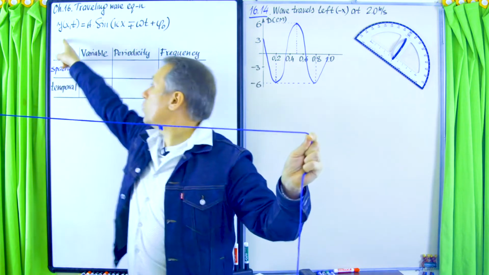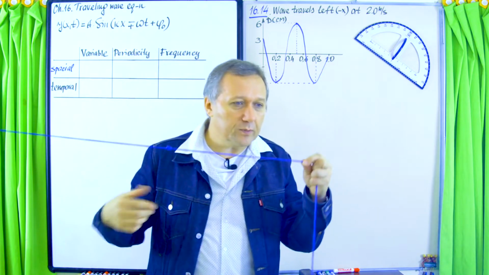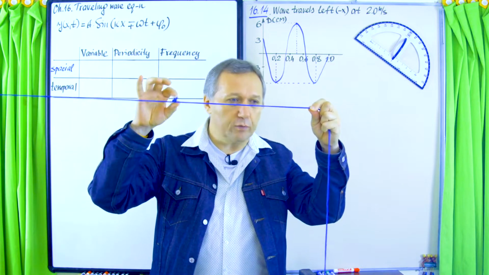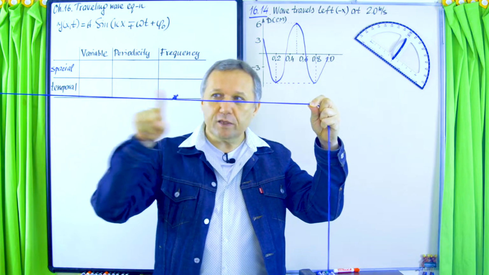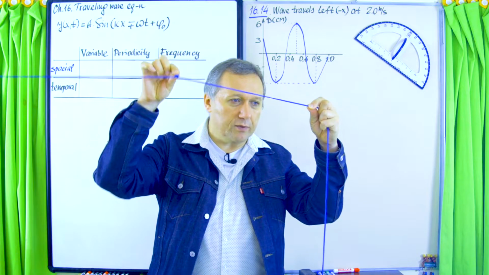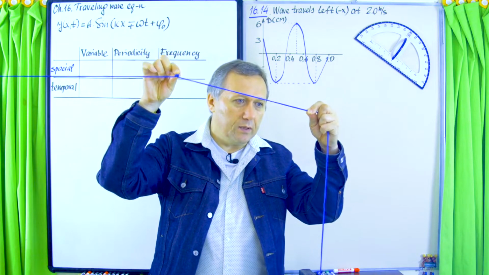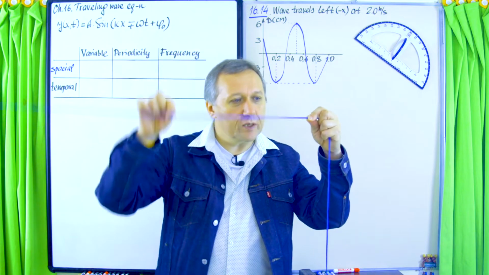Sometimes instead of y, capital letter D is used, for displacement. Basically, it's a displacement of this, for example, knot from its equilibrium position. For example, it gets displaced by 1 centimeter, 2 centimeters, 3 centimeters. That's what y is, or D sometimes. So it's a displacement from the equilibrium.